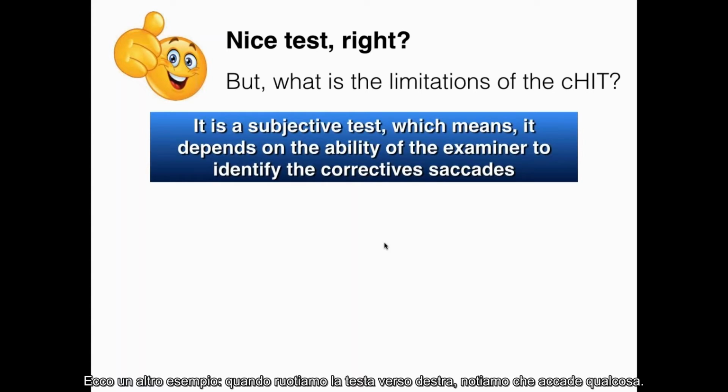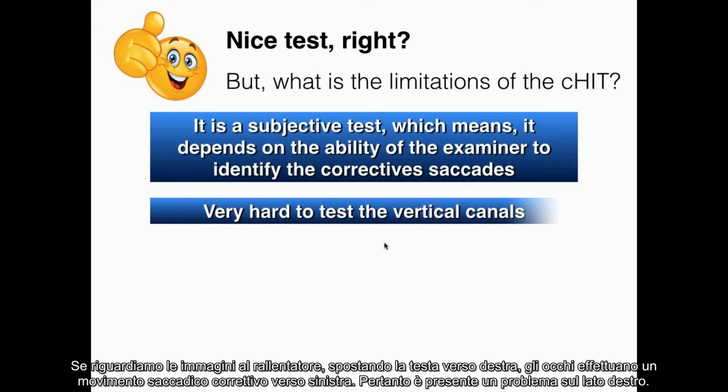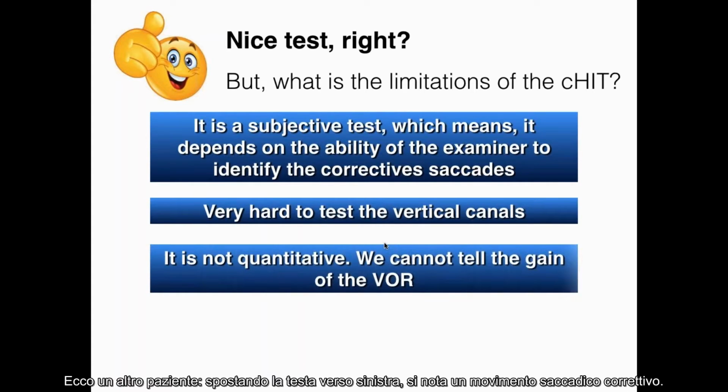There's another patient here, and when we turn the head to the right, you can see in slow motion the eyes make a corrective saccade to the left, and I can conclude that the right side is damaged. In another patient, we move his head to the left and he has a corrective saccade, so I can tell you that the left side is not working properly.